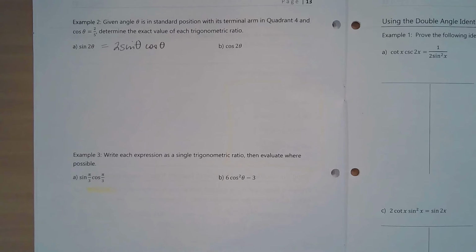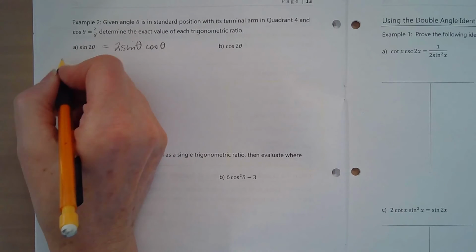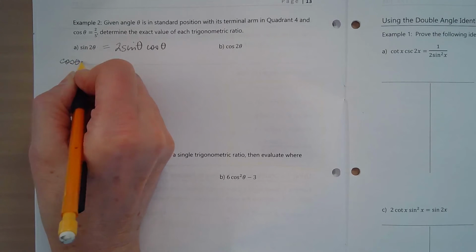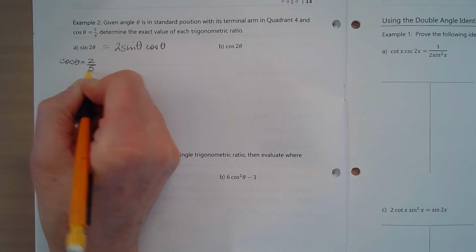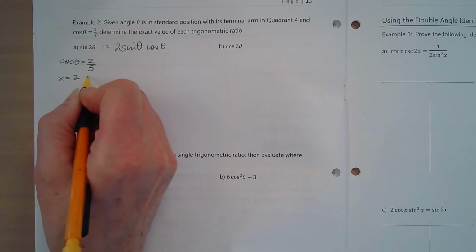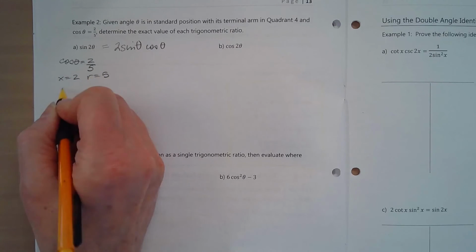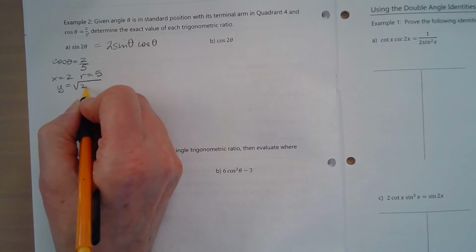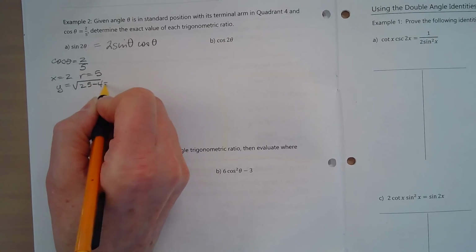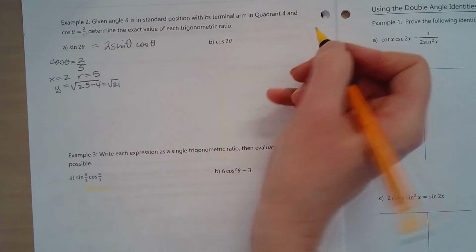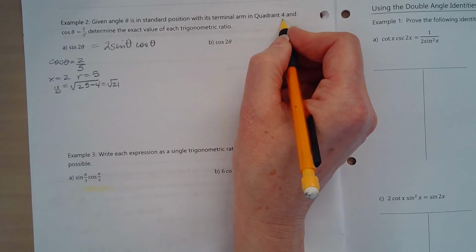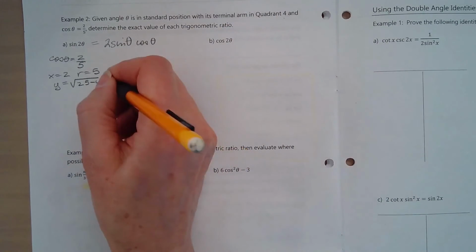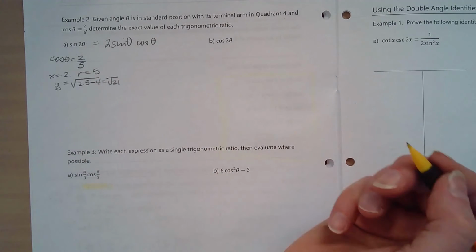Okay, so we're back to our x squared, y squared, r squared. So what was I given? Given cos is equal to 2/5. X is 2, r is 5. Y is the root of 25 minus 4. Okay, we're in quadrant 4, so y is going to be negative.